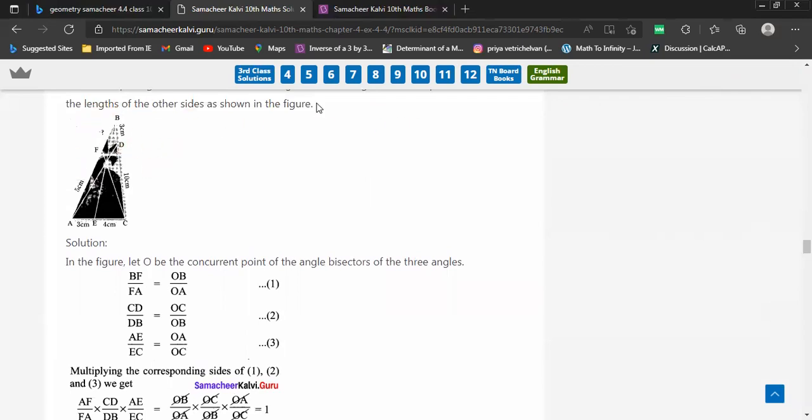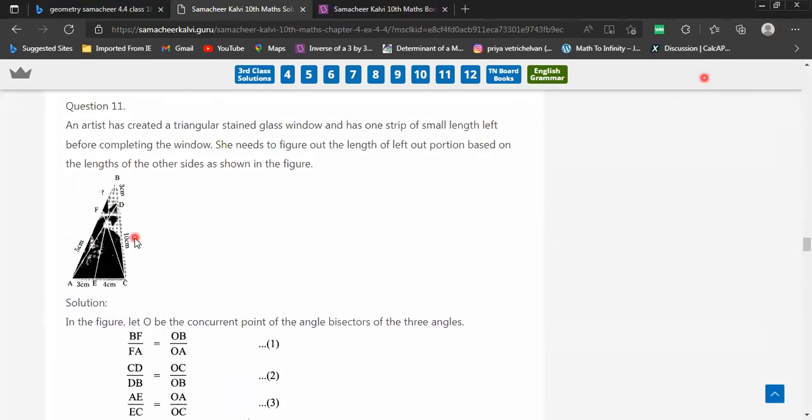Do you have the same diagram in your textbook as well? Is this part stained? Because they're asking us to find the length of the left out portion, left out means it shouldn't be stained.